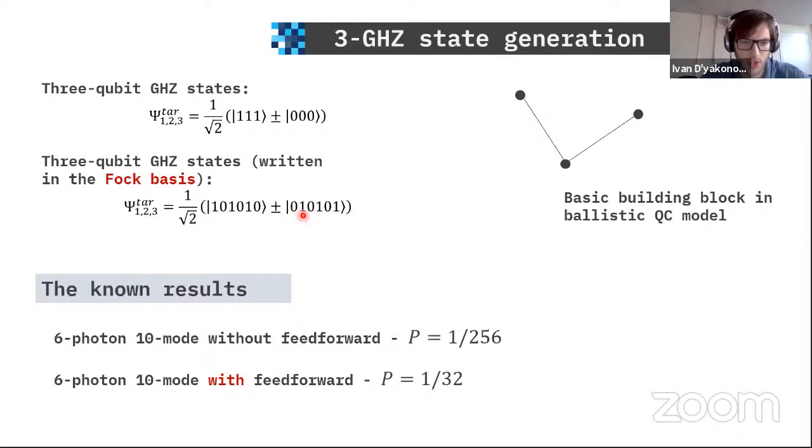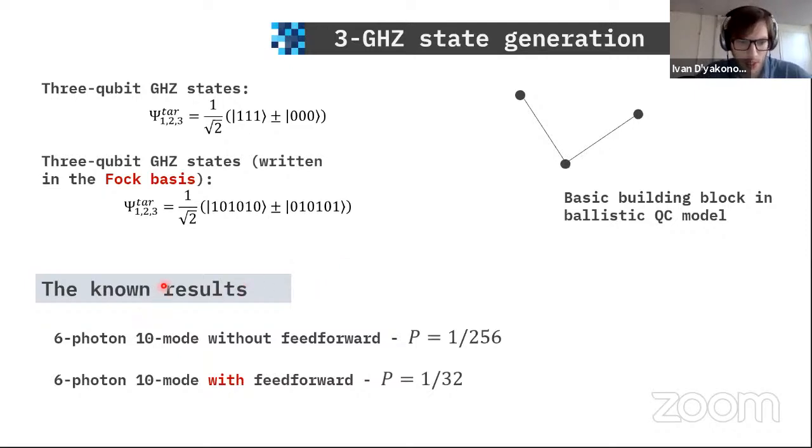So these are the Fock states which we are looking for. The motivation for looking particularly for this type of state is that the 3-photon GHZ state depicted over here is a basic building block for the ballistic model I showed in the very beginning of the talk.